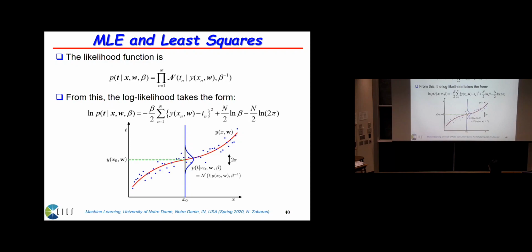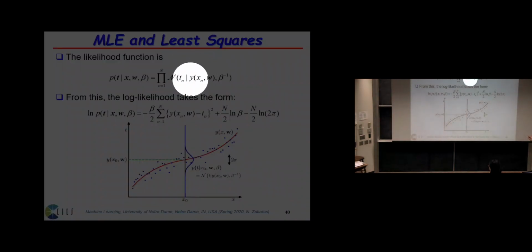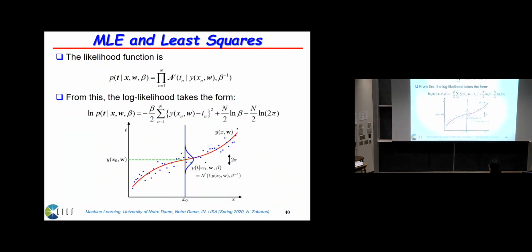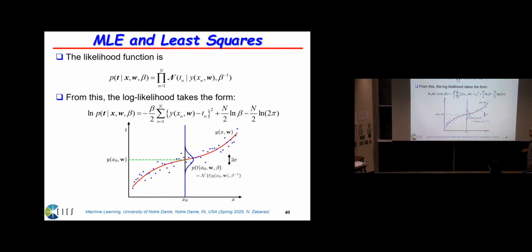So let me go back now to this regression model and revisit the context of maximum likelihood estimation for our regression. Let's suppose that I give you some points xn, and I give you the responses tn, and you're supposed to fit me a regression function, but I want to do it in a probabilistic sense.